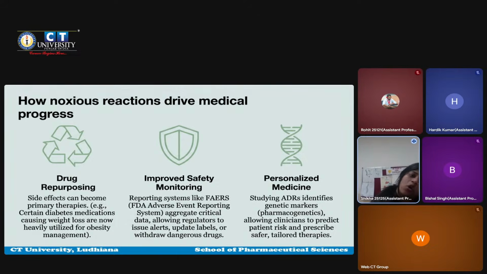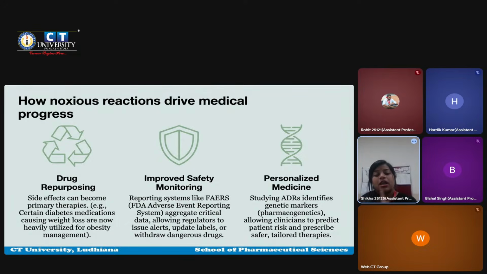So this is called repurposing. When a drug has a side effect, that side effect can be converted into a treatment.